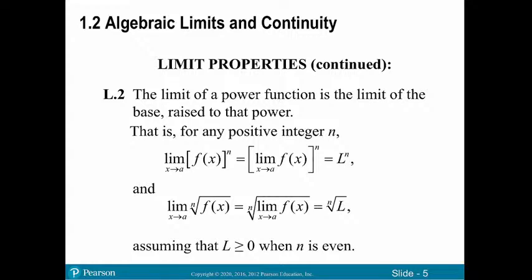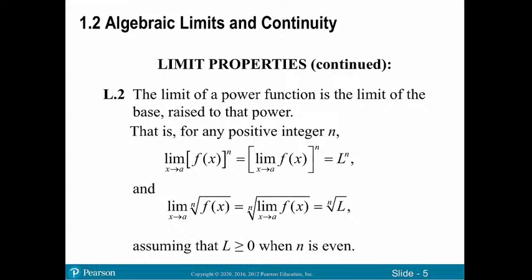Similar here, the limit of a root function. The limit of a root is the root of the limit, so it's almost like you can pass the limit into the root. The first property, L1, says the limit of a constant is the constant. The second property says the limit of a power is the power of the limit.